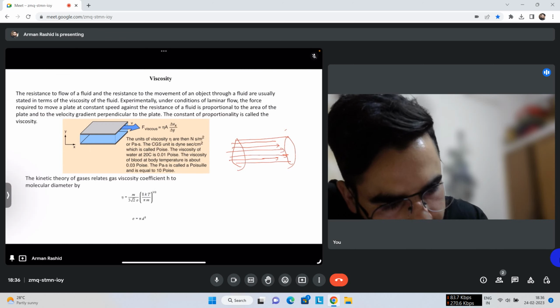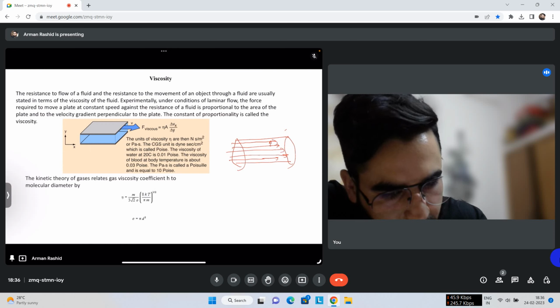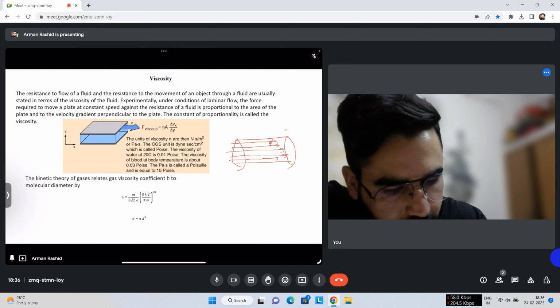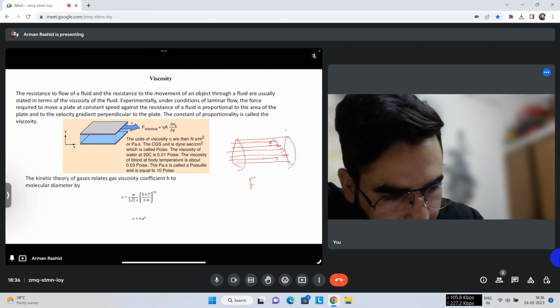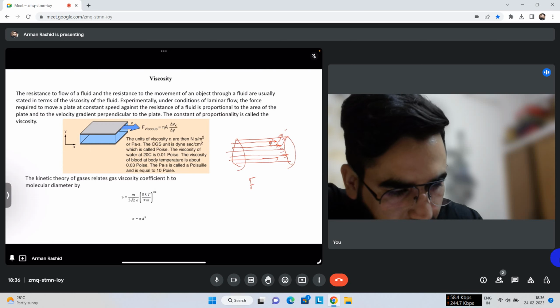If we consider these two layers, the difference in the opposing force between this and this is determined by F. That means a higher viscous force is applied here, and a little lower viscous force is applied here.